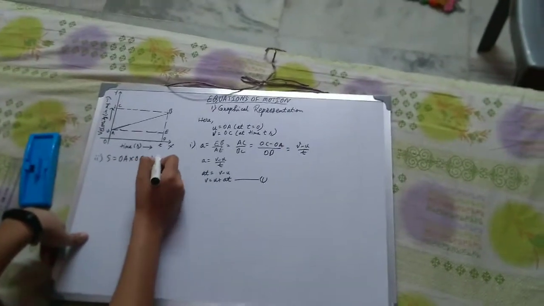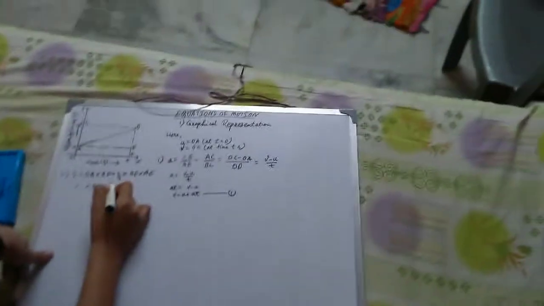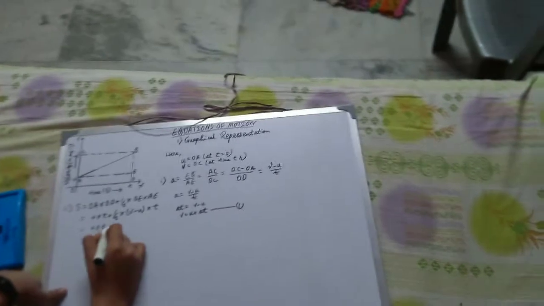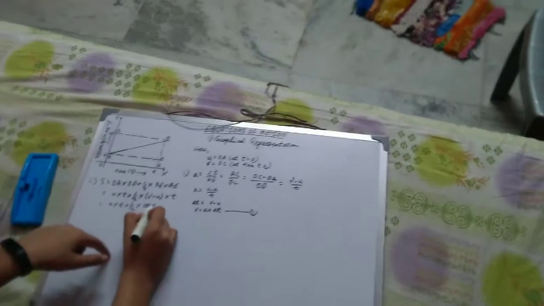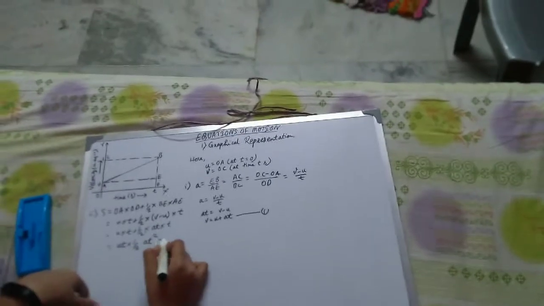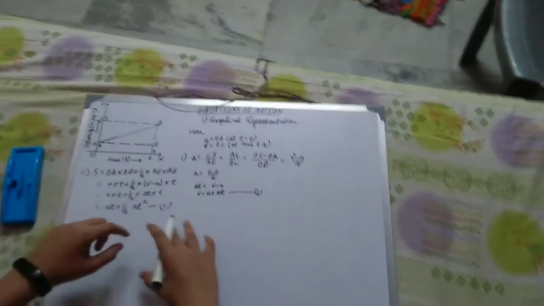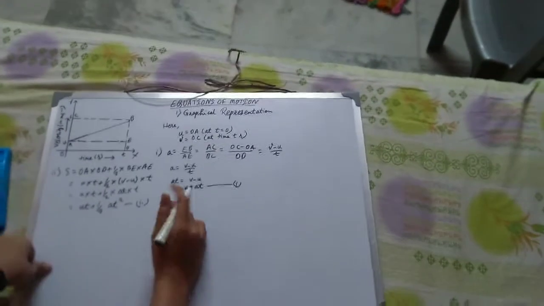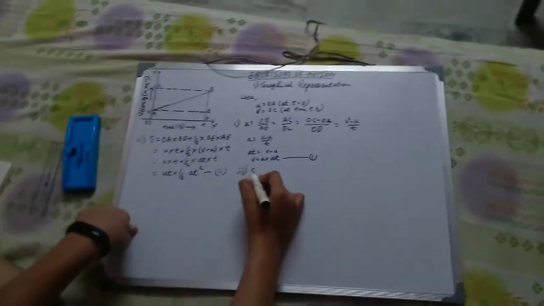So we can write OA into OD plus half into BE into AE, equal to u into t plus half into v minus u into t. We have got v minus u equal to at from the first equation, which means ut plus half at square. And this is the second equation. Actually it's s equal to ut plus half at square.